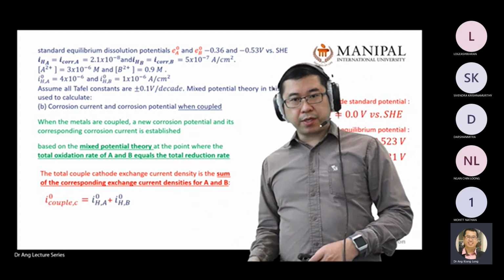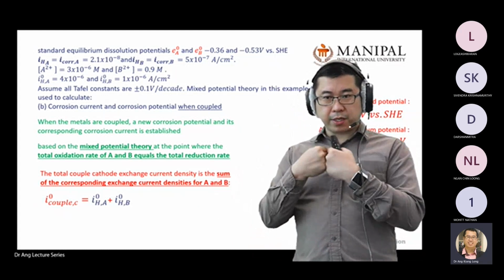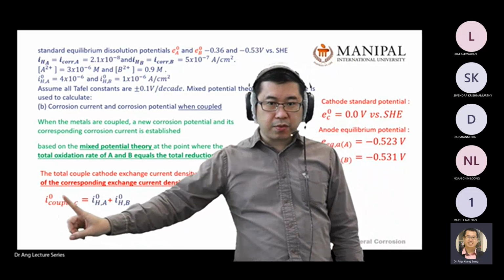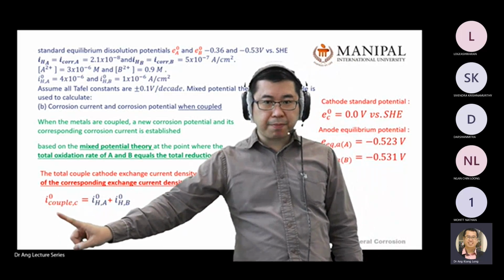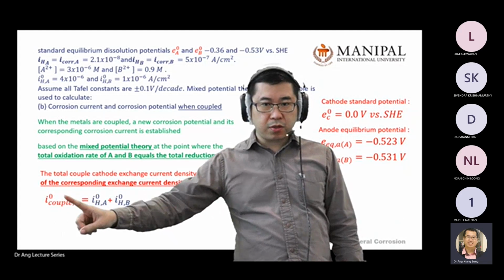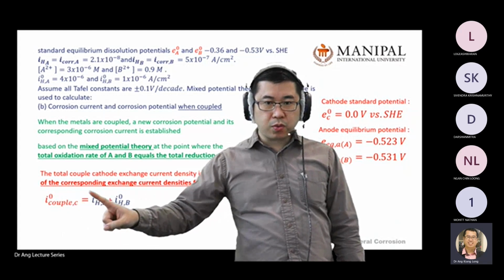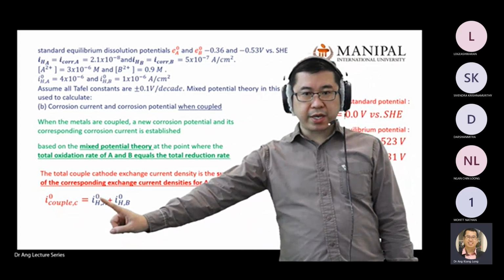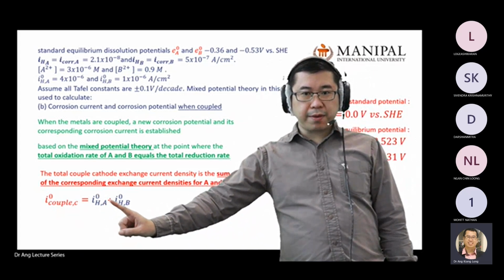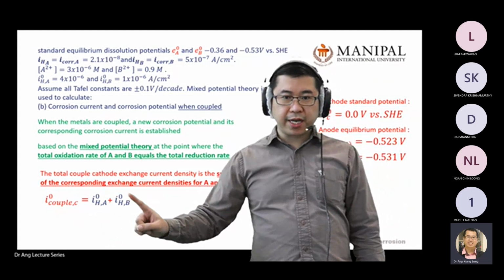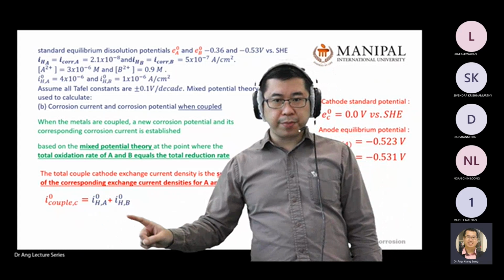So in the equation, when you combine two metals together, you will use this equation where you look at the current of the couple. The 0 means standard, right? I0 coupled equals A plus B, equal to IH of A plus IH of B, the hydrogen evolution of A plus the hydrogen evolution of B.